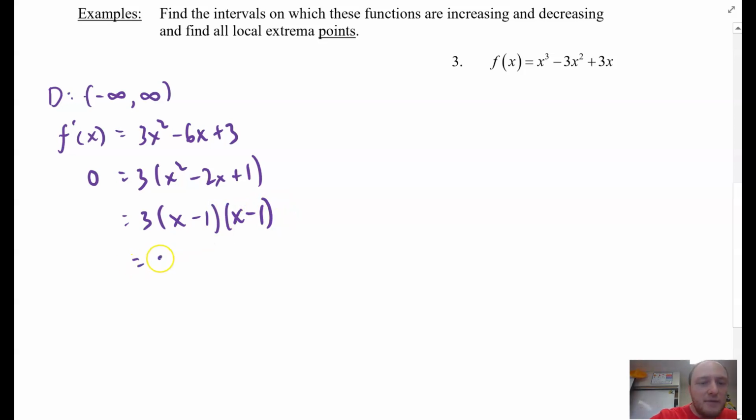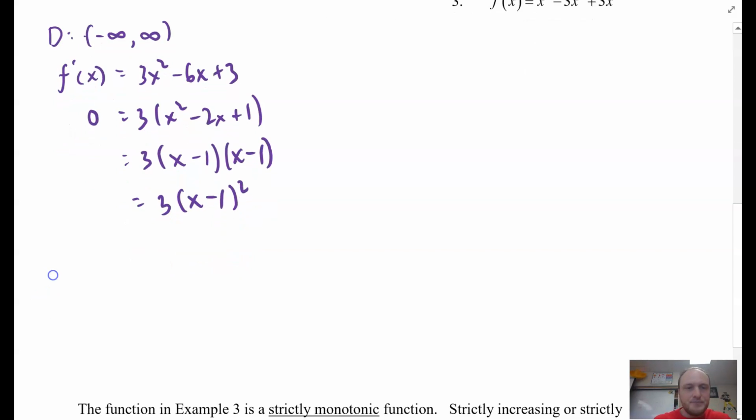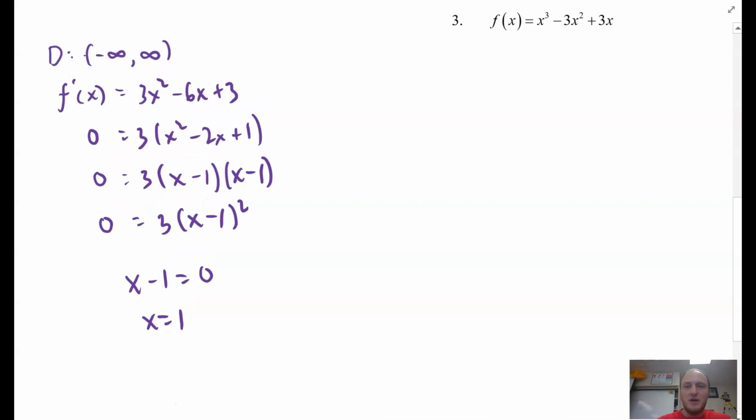Okay, so we have 3 times x minus 1 squared. So where does this equal 0? What we get is multiplicity at this factor, right? And we get a critical number of 1, just 1, that's it. I thought this was supposed to be the most complicated example.